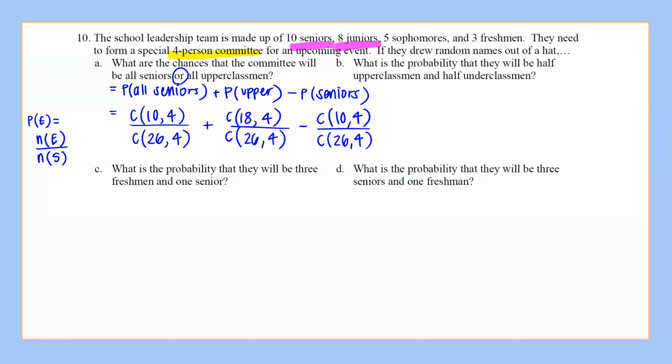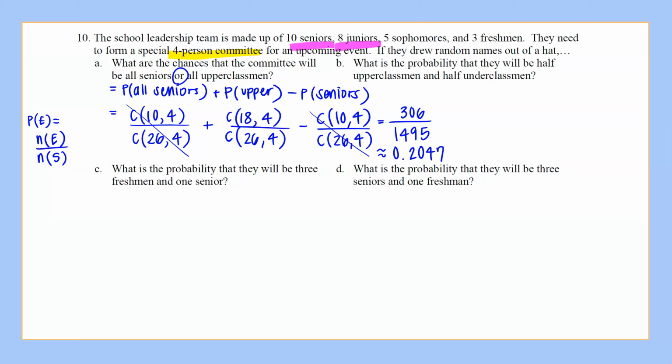And essentially, these two would cancel out, and I would end up left with just the probability of upperclassmen, which would be 306 out of 1,495. Of course, you could also approximate it if you want to. That's about 0.2047. I'd like you to read letter B and attempt that one on your own, and we will be going over that together in conference next class.